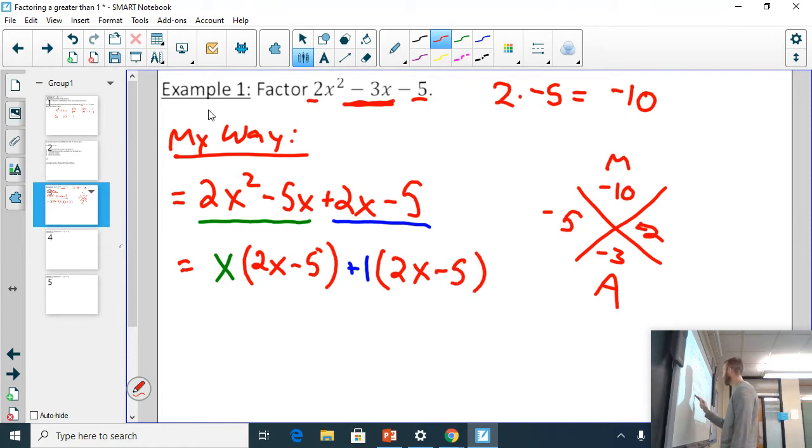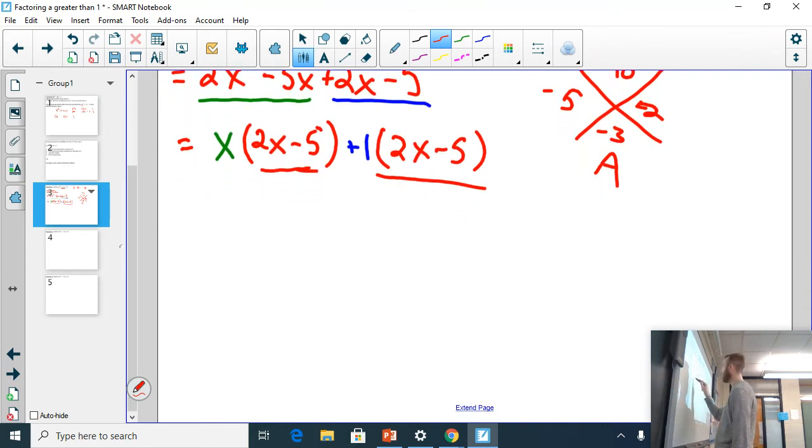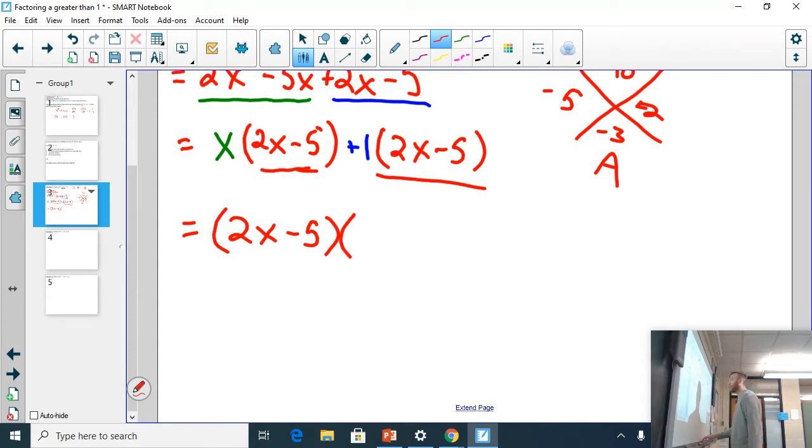And now this is a good sign. When we have 2x minus 5 and 2x minus 5, we can take that out. So we take out that 2x minus 5, and now we multiply it by what's left over: that x and that positive 1.